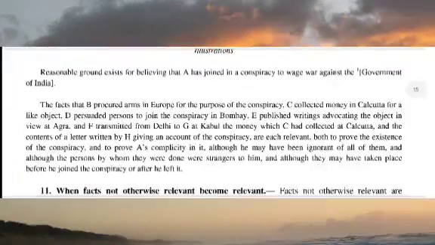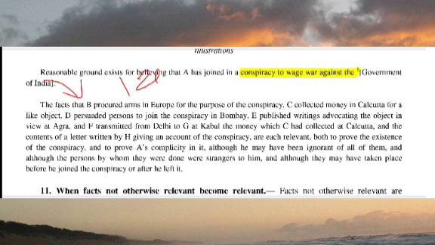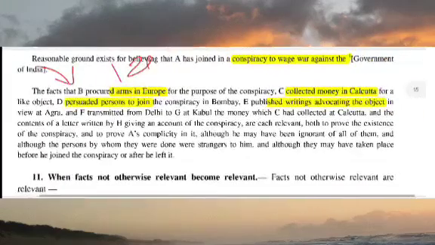Then the illustration: reasonable ground for believing that there is a conspiracy to wage war against the government of India. The fact that B procured arms in Europe for the purpose of the conspiracy. A collected money in Calcutta. D persuaded persons to join the conspiracy in Bombay. E published writing advocating the object in view in Agra. F transmitted from Delhi to G at Kabul money which C had collected at Calcutta.